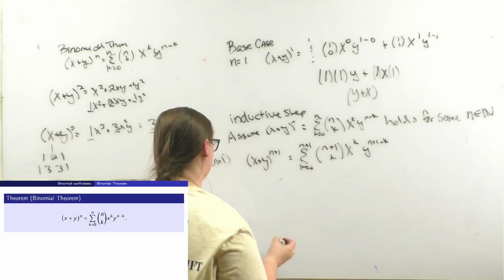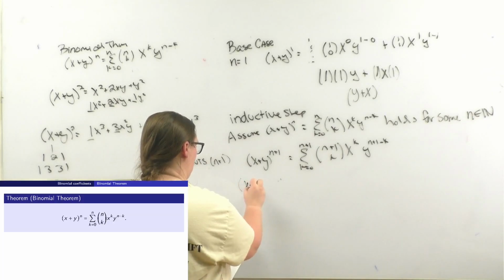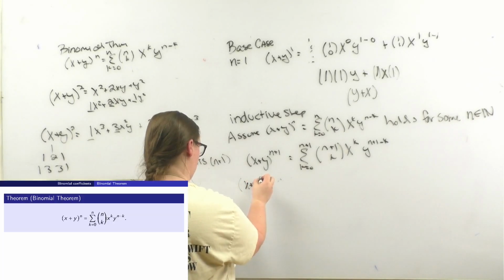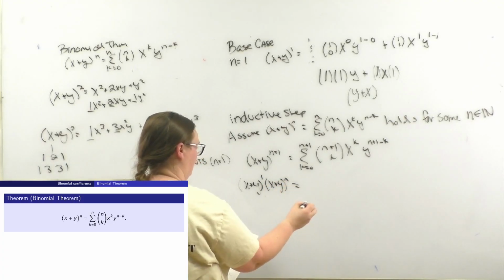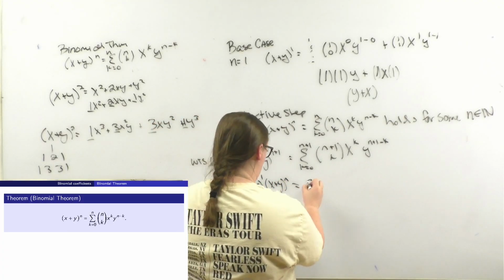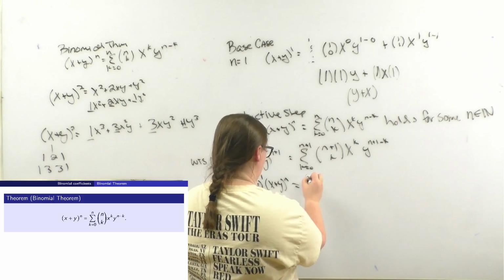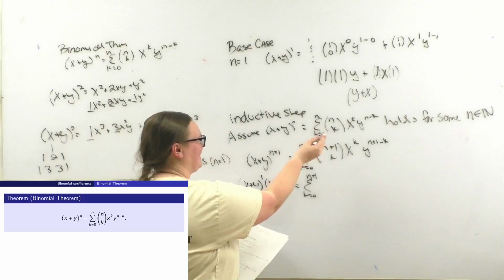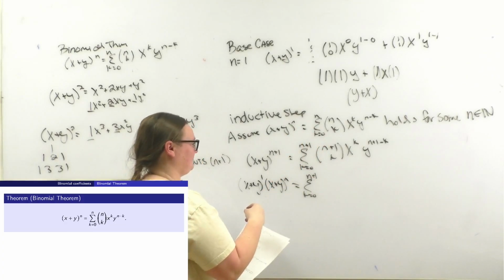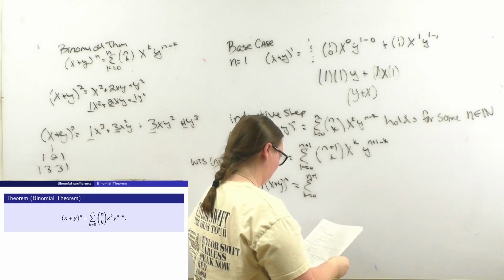Okay, and then over here we have x plus y times x plus y to the power of n. Is that okay with everyone? And over here we have the sum from k equals 0 to n plus 1. These should technically all be m's, but that's okay. It doesn't matter.